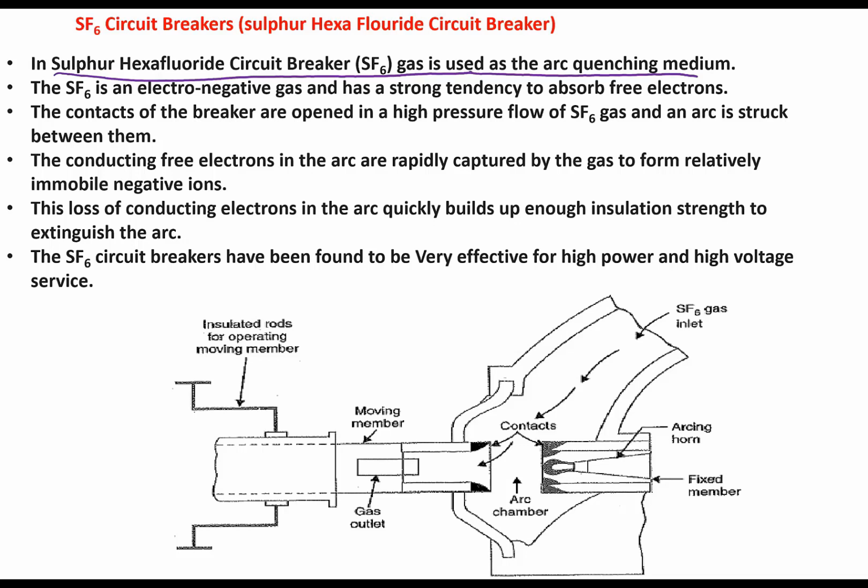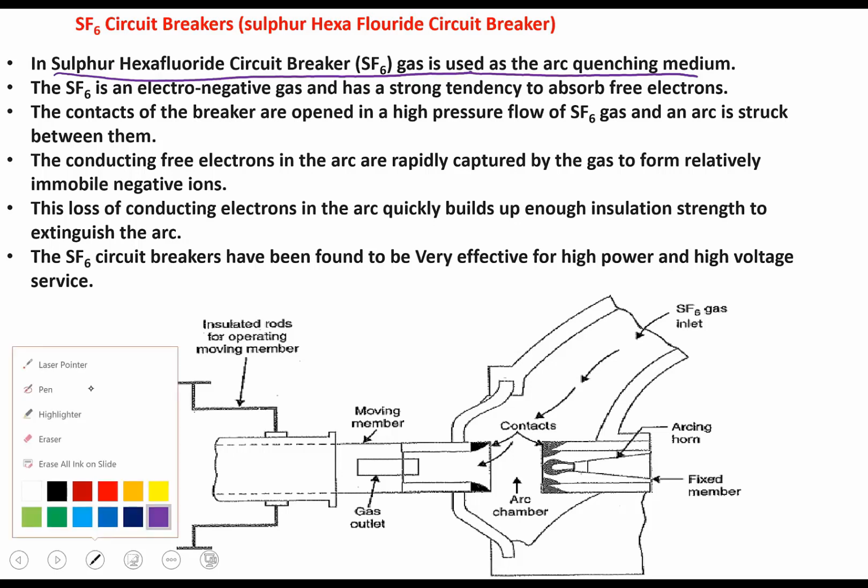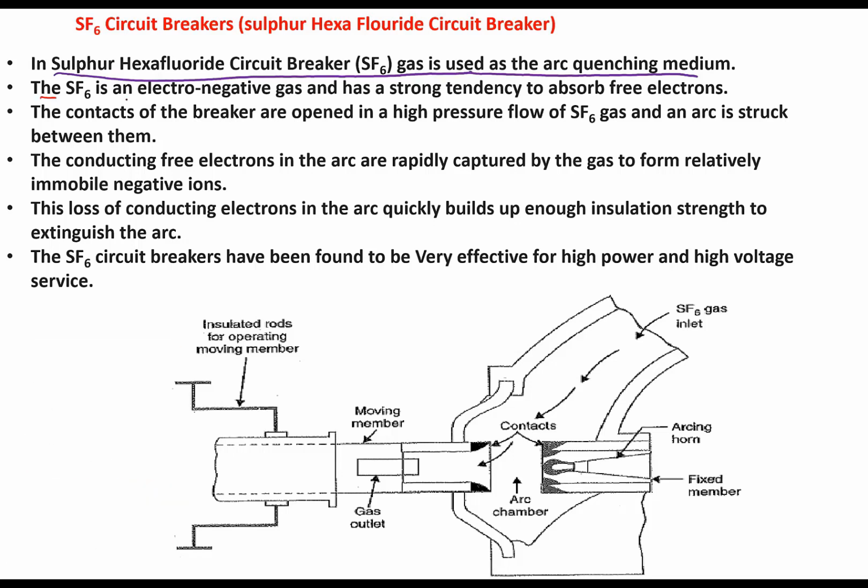So SF6 gas is an electronegative gas. Very important point. It has a tendency to attract free electrons, to absorb free electrons. Understand? So the equation is SF6, when it absorbs electrons, it attains a stable state by forming SF5 negative, and it releases fluorine.